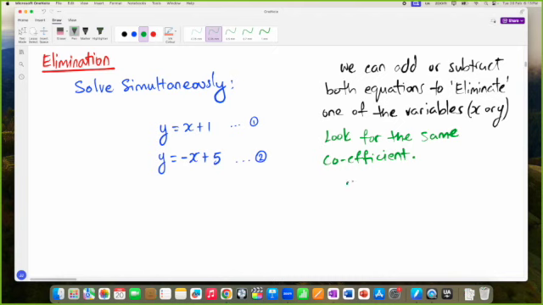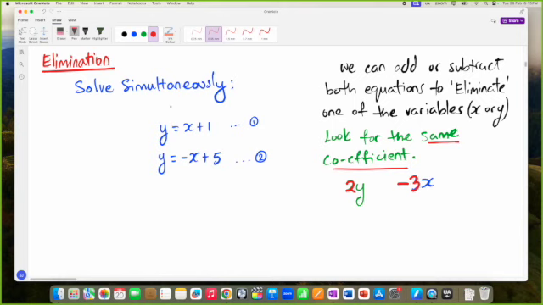So if you have 2y, the coefficient is 2, the number in front of the y. If you have minus 3x, for example, the coefficient is minus 3. So what we're looking for are those variables that have the same coefficient. So let me check it out, right? Let me see.